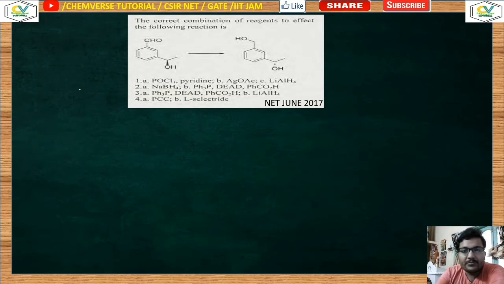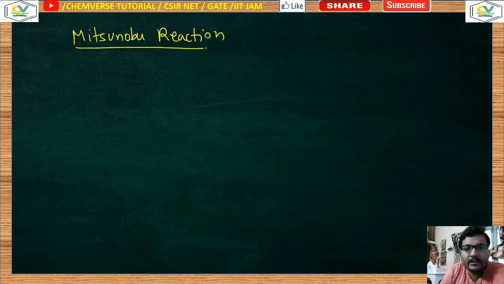So in order to answer this question, you need to know what the Mitsunobu reaction is. First we will discuss the mechanism of the Mitsunobu reaction, and after that we will move on to the question. Okay, let's begin. The Mitsunobu reaction is an extremely important reaction of alcohols.